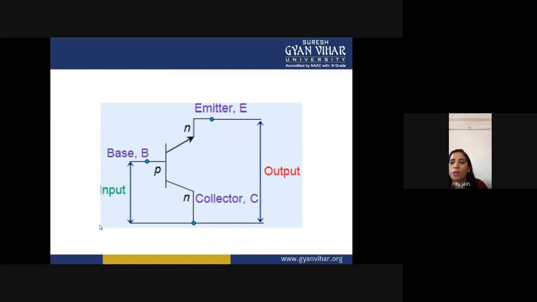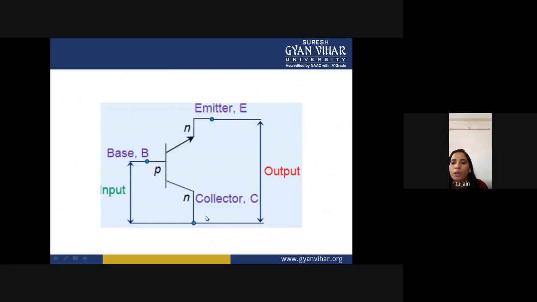So this is your common collector configuration. You can see that the collector is common between input and output. So base, this is your NPN transistor. So collector terminal is common for input and output terminal.